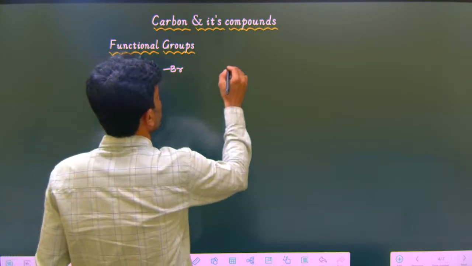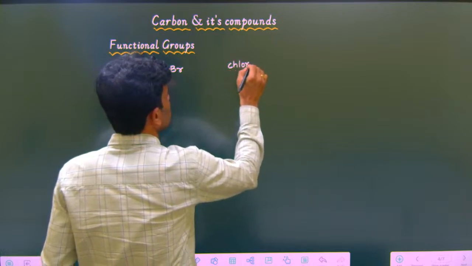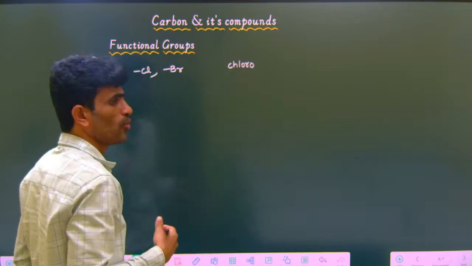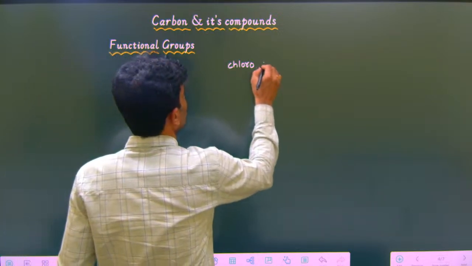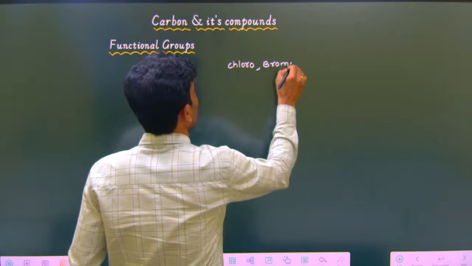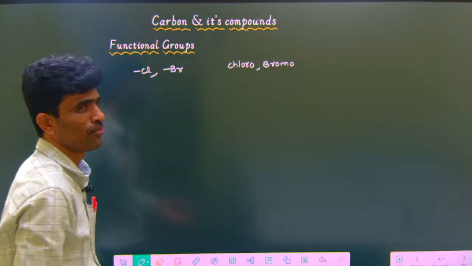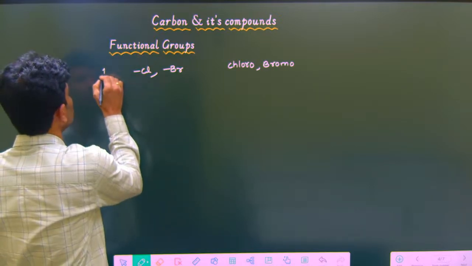For example, chloromethane, chloroethane, chloropropane. Similarly, with bromine, we write bromoethane, bromopropane, bromobutane.